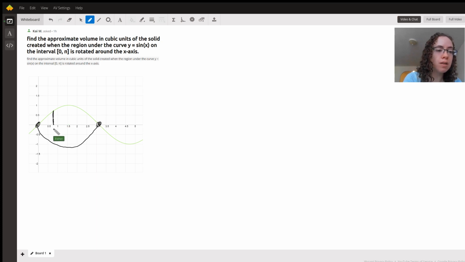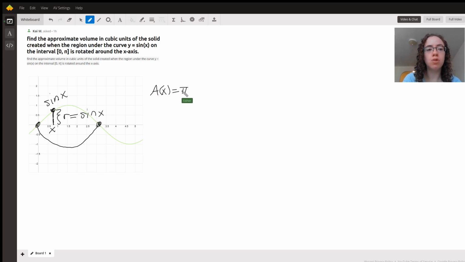At a generic position x, our radius value for the circle will be sine x, since that's our y value here. So r is equal to sine x. And so each circle will have area as a function of x equal to pi times sine x squared.